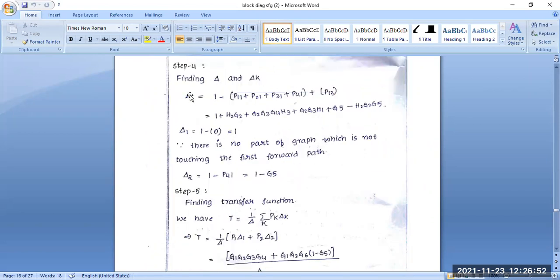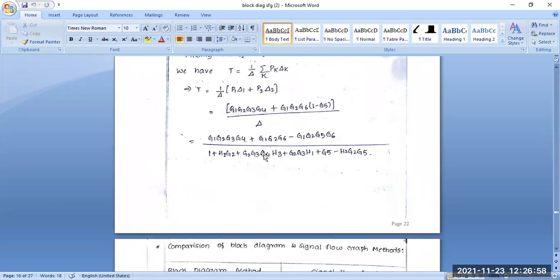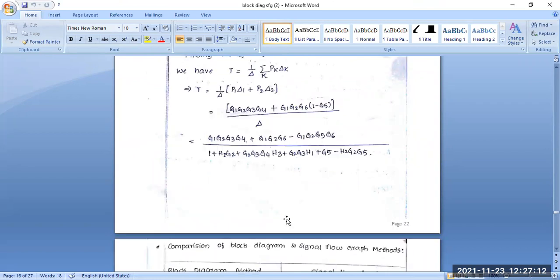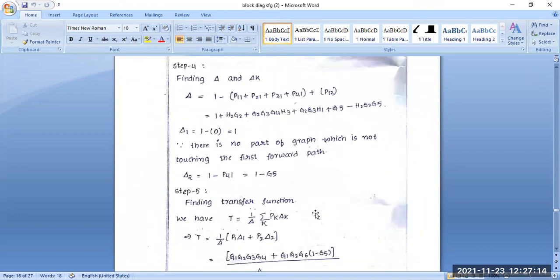You have to calculate it from here. The value of delta is this one. So this is the output equation, that is the transfer function. It is the ratio between the output of the given system and the input of the given system. Okay, this problem is clear.